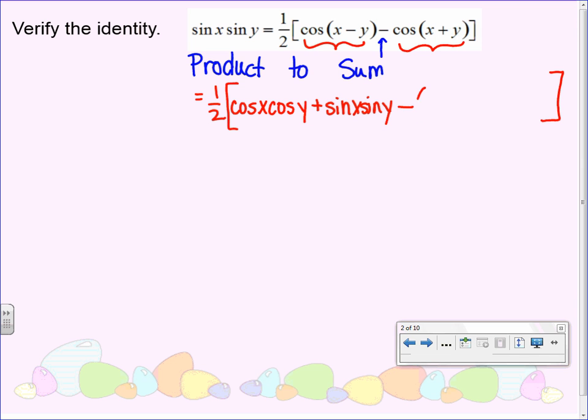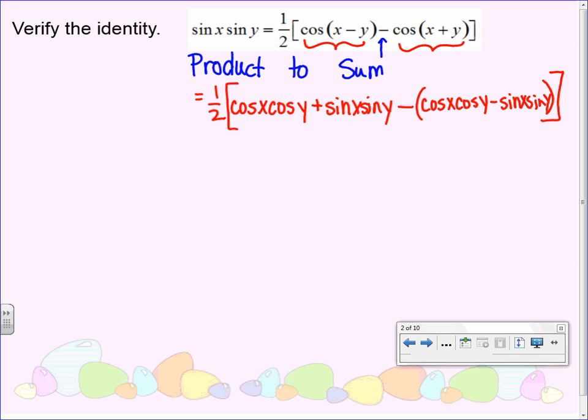Now the subtraction is going to apply to everything after it. I'm going to put a parentheses there because I'm going to have to distribute through in a minute. Now I'm expanding cosine x plus y using the sum identity. So that's going to be cosine x, cosine y, minus sine x, sine y.